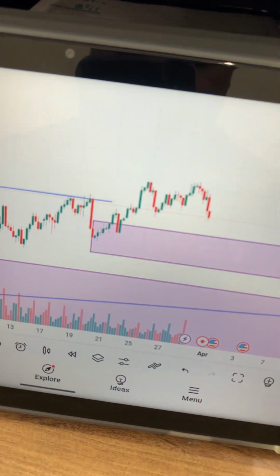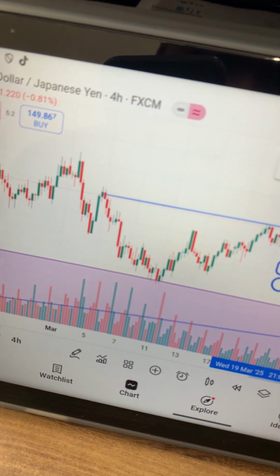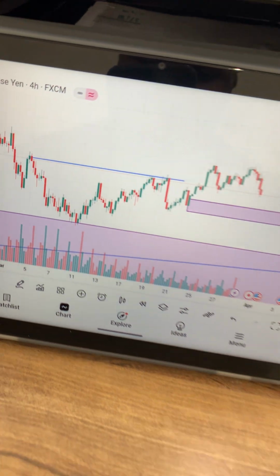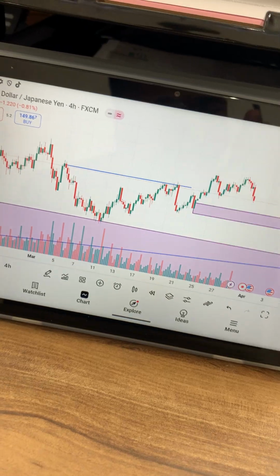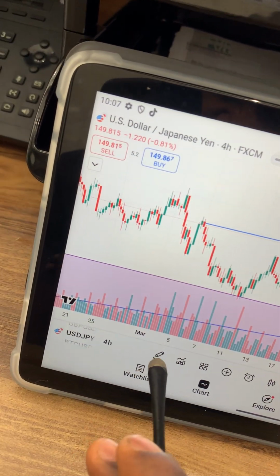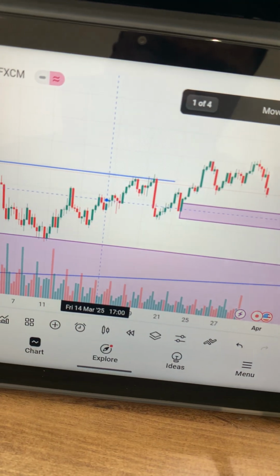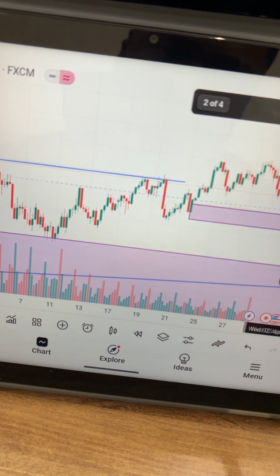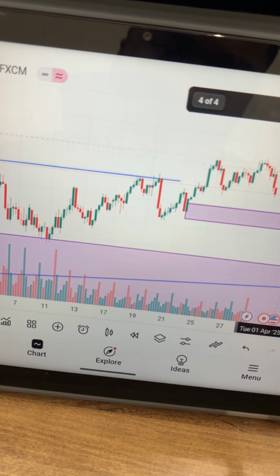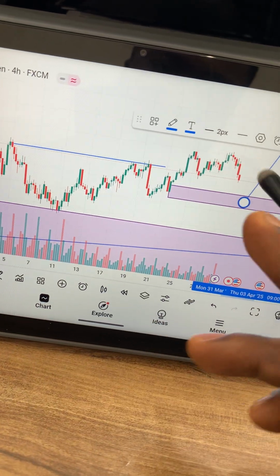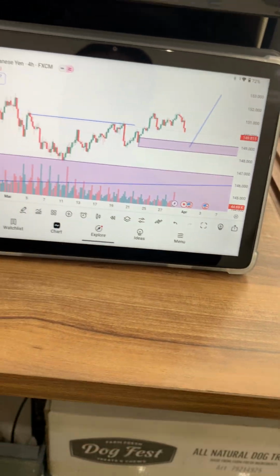That's your demand zone. If the market succeeds in reaching this zone, we will have a buy from here. That's what we will be expecting from the market.